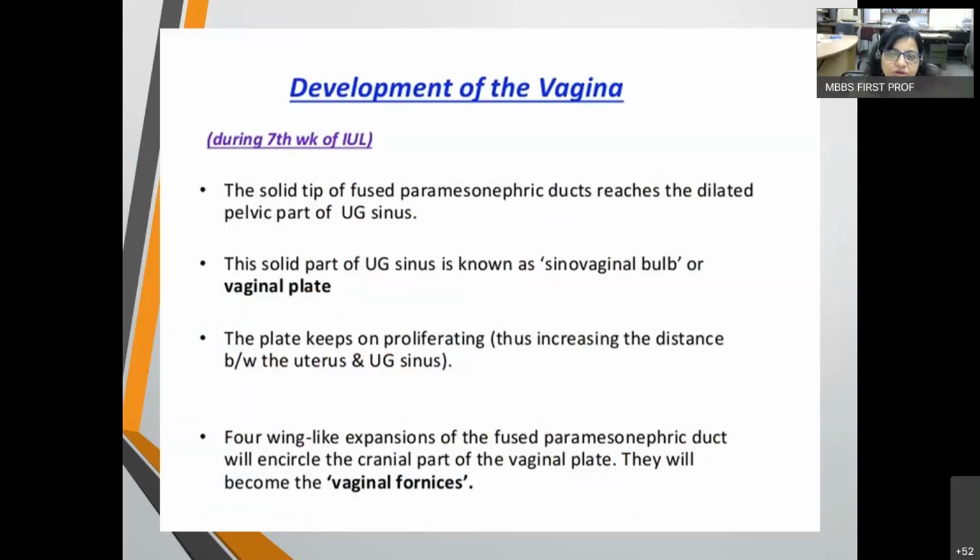Now, we are talking about how the vagina develops from the paramesonephric duct's terminal end, that is, the upper 1/3 of vagina is formed from the paramesonephric ducts. So this basically is the solid part that reaches the pelvic part of urogenital sinus. And this pelvic part of urogenital sinus is responsible for the formation of sinovaginal bulb or the vaginal plate.